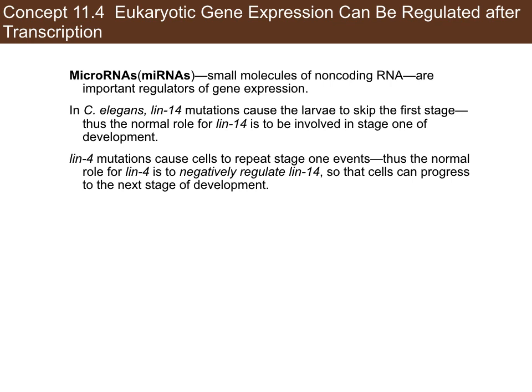What microRNAs can do is bind to complementary sections of a messenger RNA. And what that does is it makes part of the messenger RNA double-stranded. And if it's double-stranded, the ribosome can't read it, so it effectively shuts off translation of that messenger RNA.